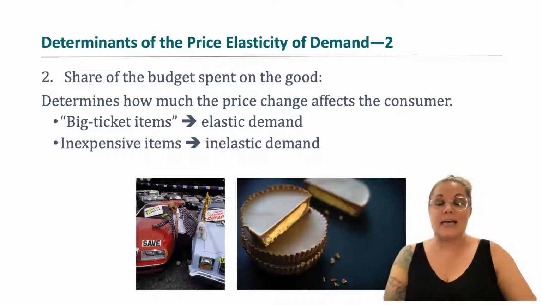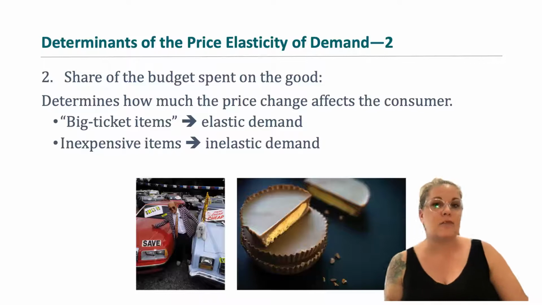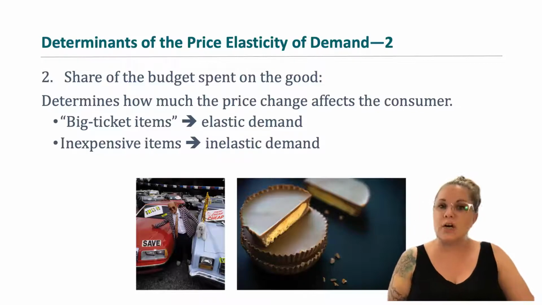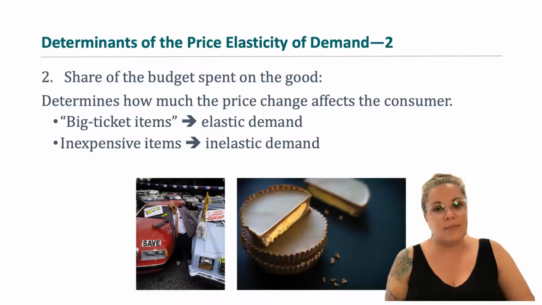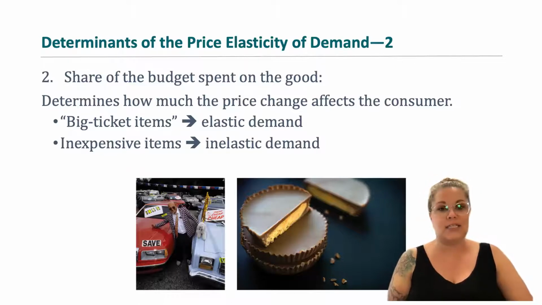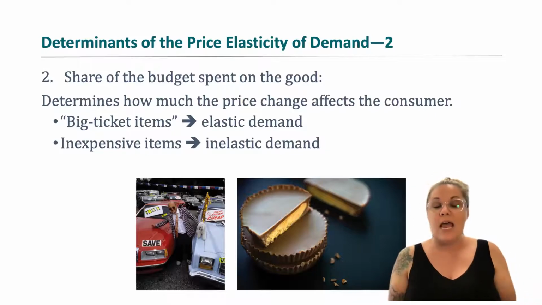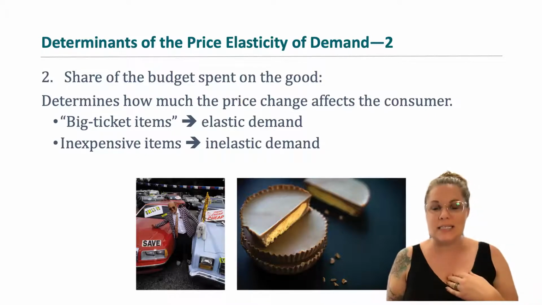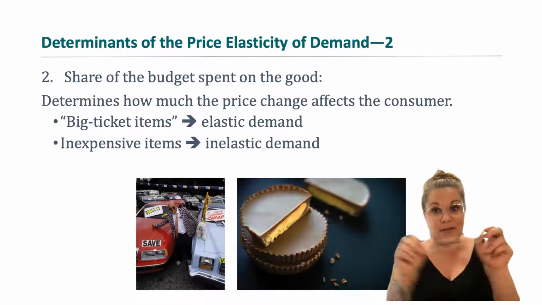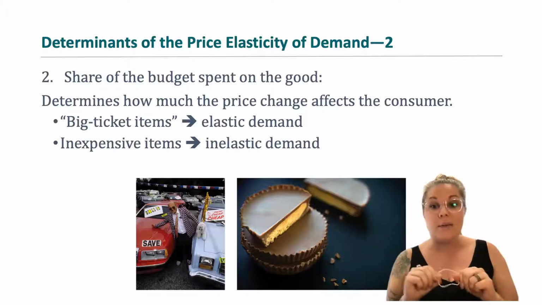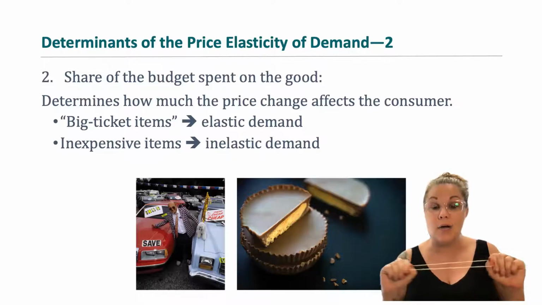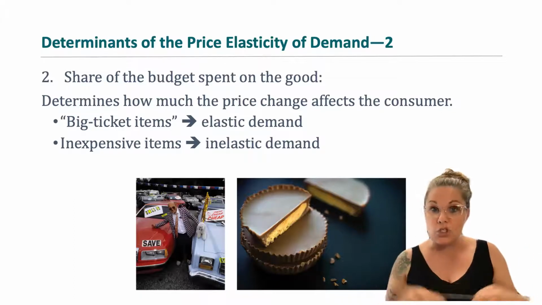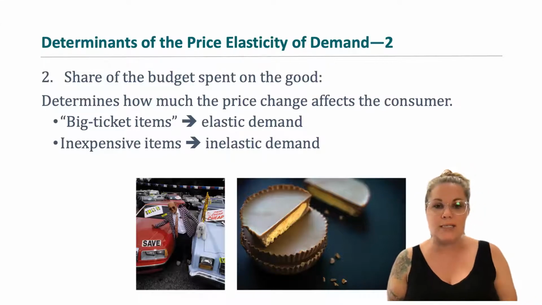The second thing that can affect whether something is very elastic or very inelastic is the share of your budget that you spend on that good. Big ticket items like cars and houses make up a large portion of my total income. And therefore, I'm going to be pretty sensitive to changes in the price of those items. And remember, sensitive means elastic, right? I'm going to change my behavior a lot in response to a change in prices in those markets.